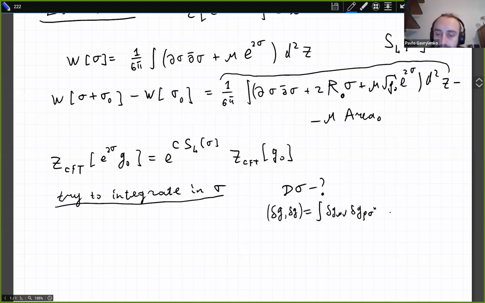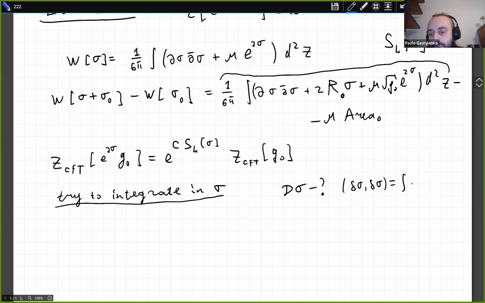Maybe it's easier to say that after all, sigma behaves almost like a scalar, so we should have something like the norm of delta sigma being the integral of delta sigma 1, delta sigma 2, times e to the 2 sigma d2 z.